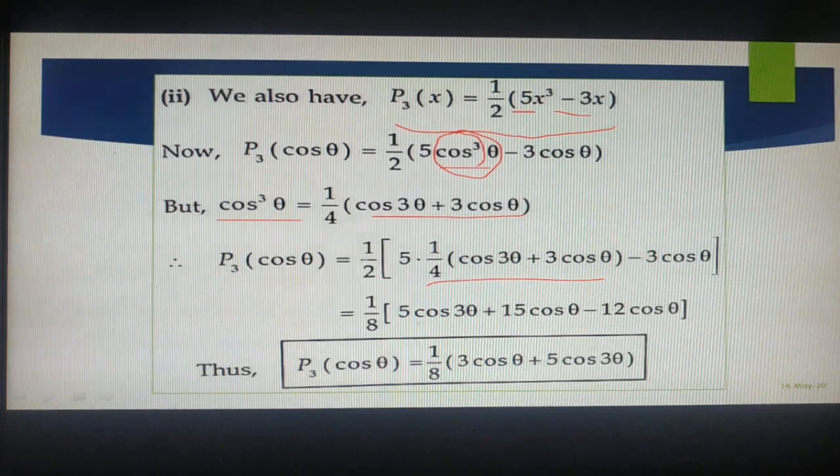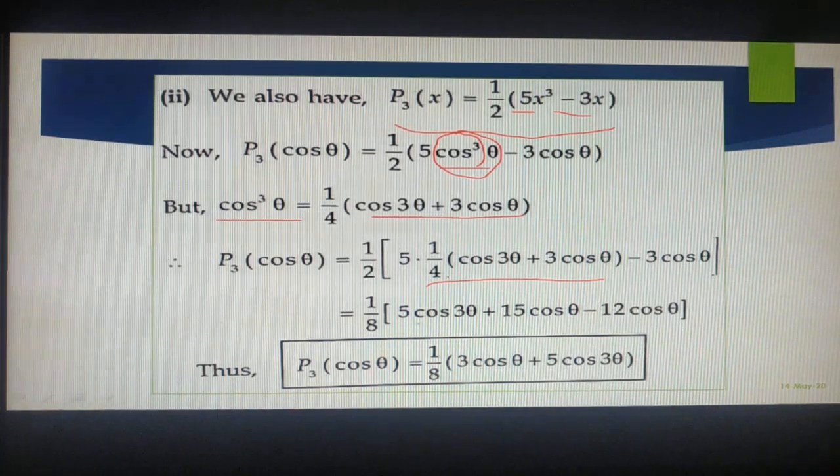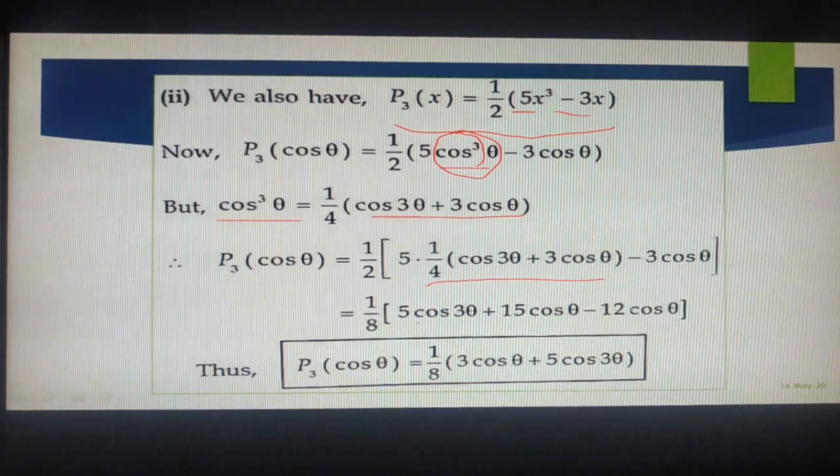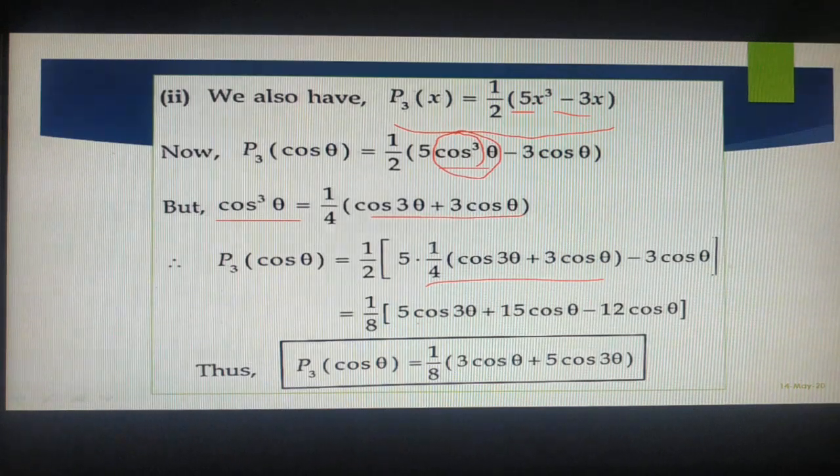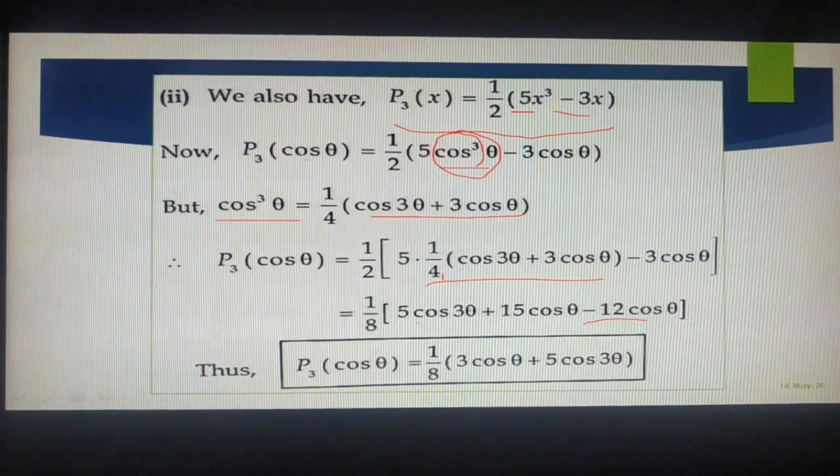and with the 1 by 8 and the 5, you multiply inside: 5 cos 3 theta plus 15 cos theta, and minus 12 cos theta, which comes when taking the LCM with 4 outside.